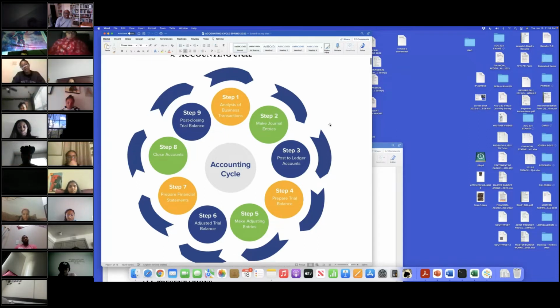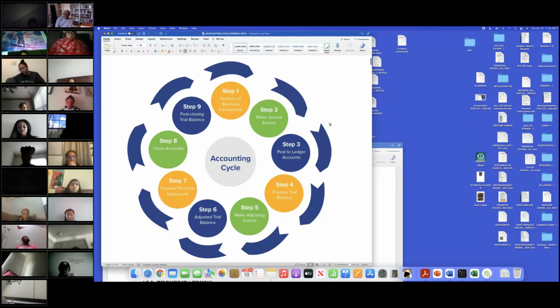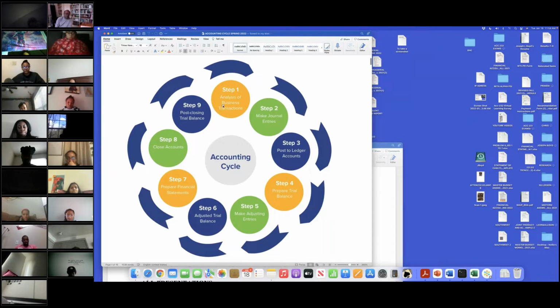Okay. So these are the steps in the accounting cycle. We analyze transactions, make journal entries, post to the ledger, and prepare a preliminary trial balance, which we typically didn't do. Then we made adjusting entries, which are just journal entries, and prepared the trial balance. Once we had a trial balance, we could prepare financial statements. Then we prepared closing entries, then a post-closing trial balance.